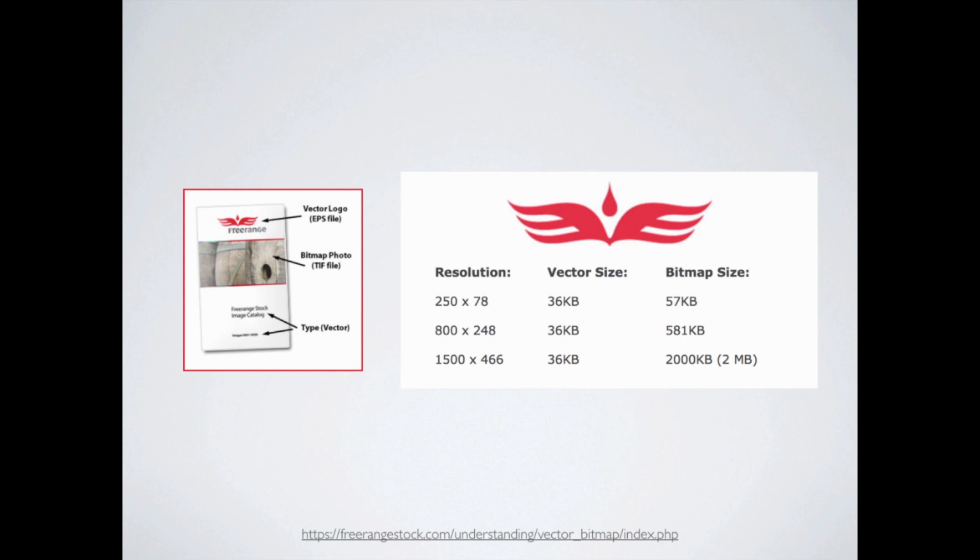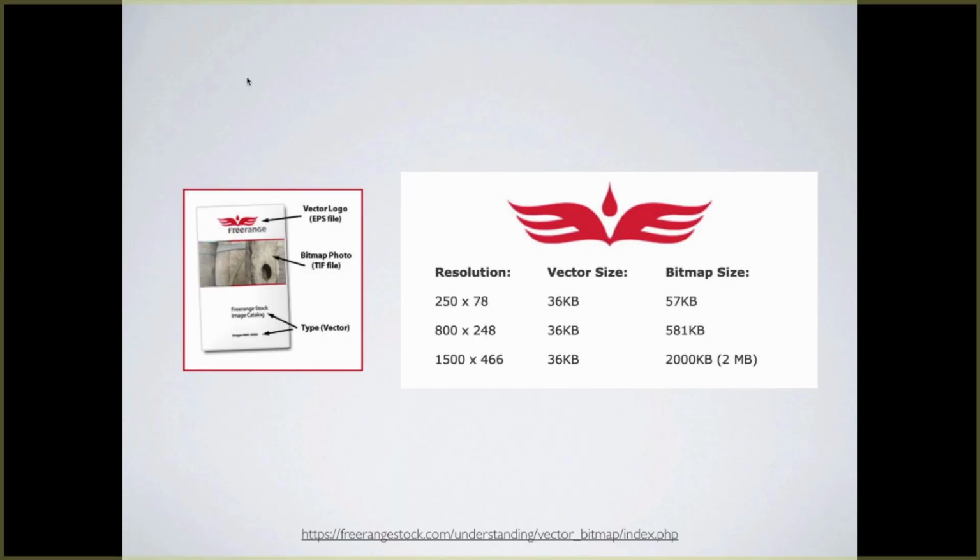So here's an example, and I think this kind of illustrates the point a little bit. In this particular example, we're looking at this logo here. Doesn't matter what the logo is. And we have the first resolution of 250 by 78. The vector size is 36 kilobytes. The bitmap or rastered size is 57. OK, there's a difference. Those are both small files. Does it really matter?